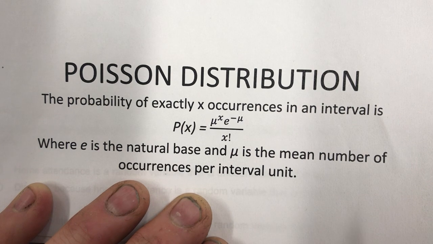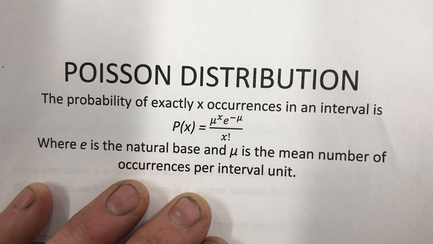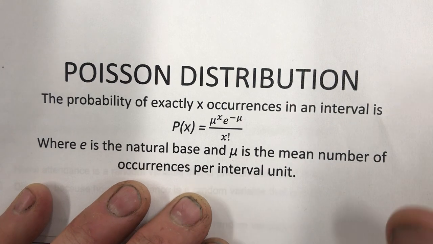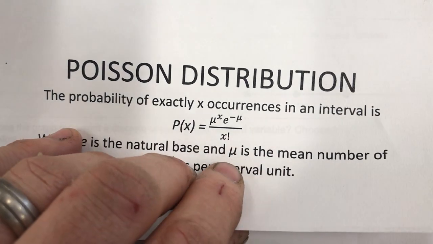What's the probability that they hiccup 8 times? That's what this does. When you have something that normally happens, the average of something normally happening, what's the probability that this other thing is going to happen, or that it might happen again? And we'll talk more about that when we get to some of these examples.